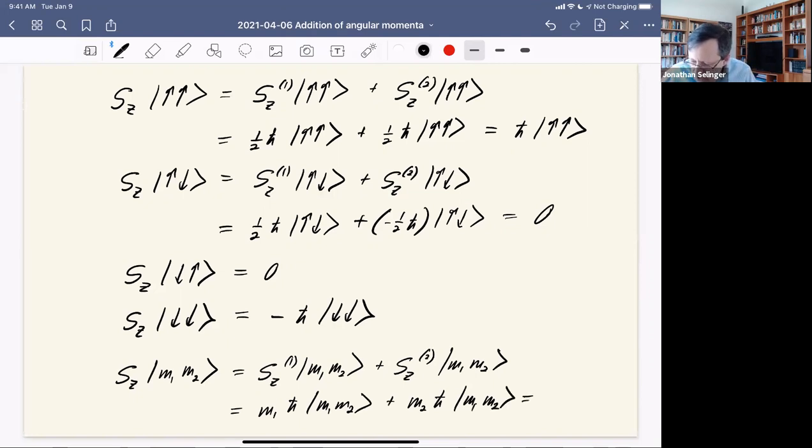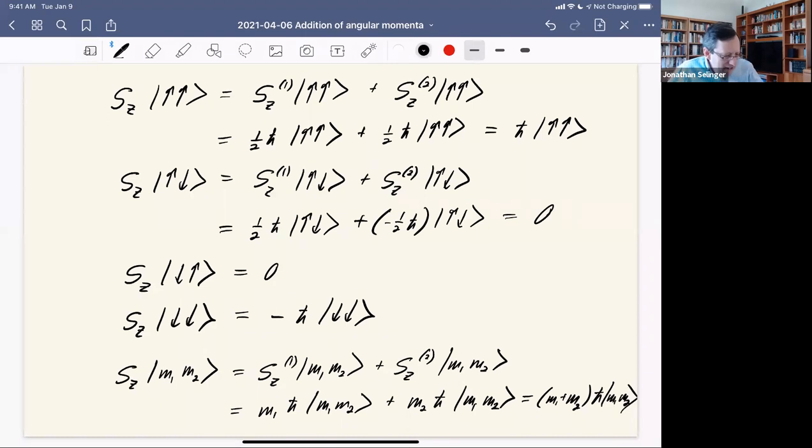So that is M1 plus M2 h bar times the state M1, M2. Okay, so the M quantum numbers just add up in a simple way that you might guess they would. So this combination is not so surprising. This combination is just what you might guess. Okay, good.